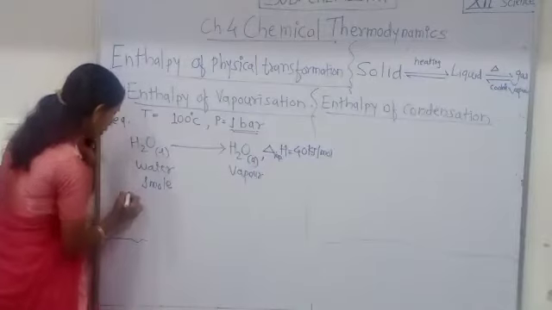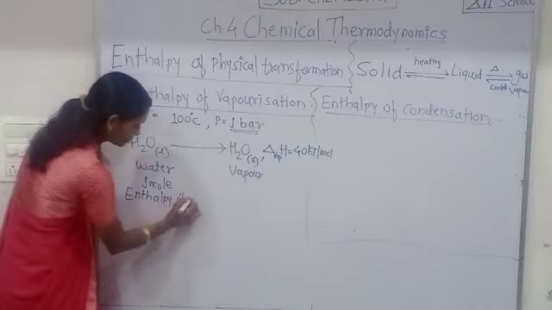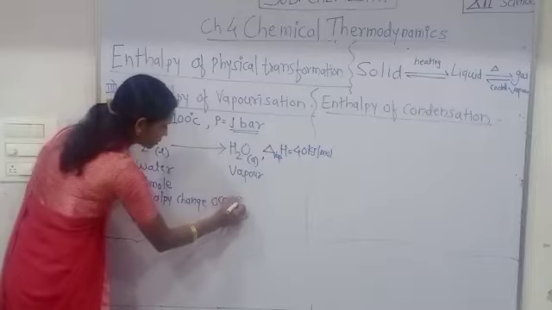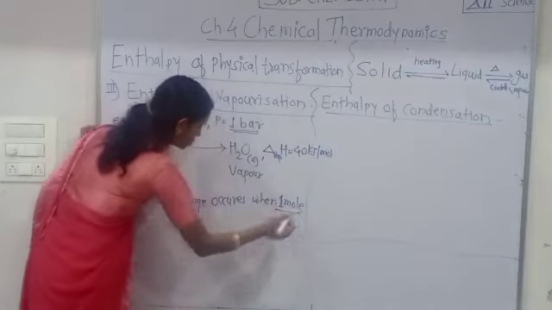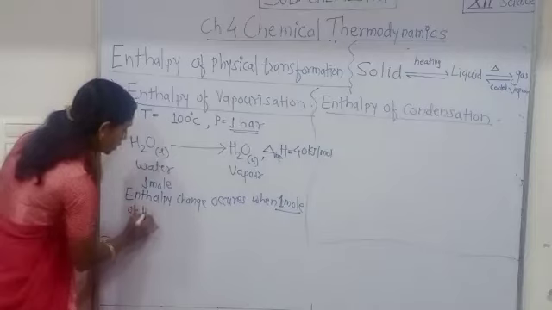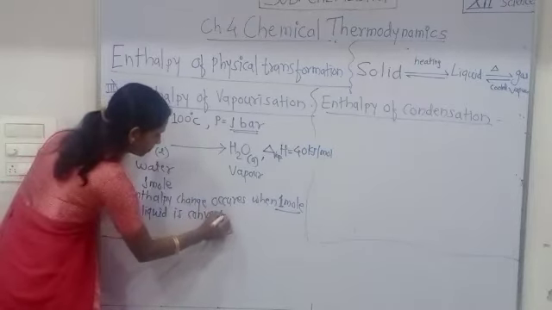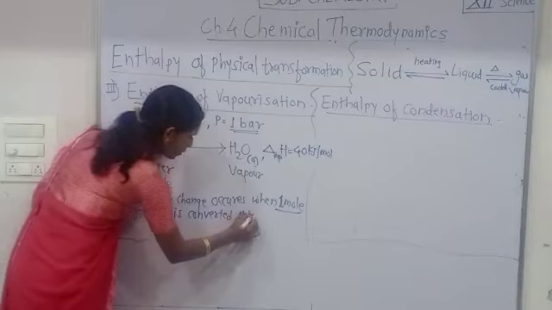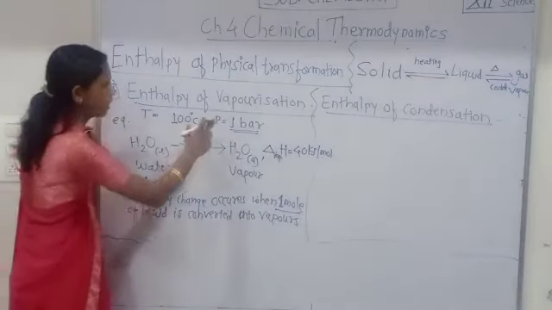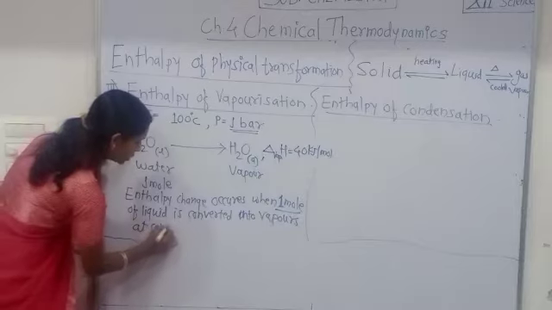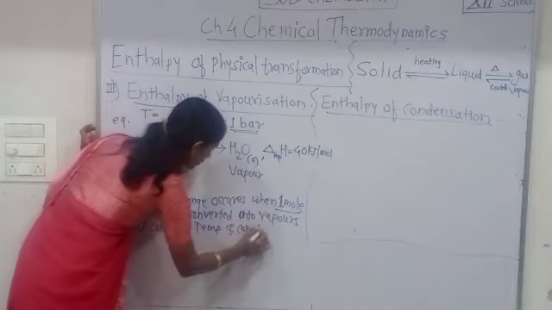Then we can write the definition for the enthalpy of vaporization. It is the enthalpy change which occurs when 1 mole of liquid substance is converted into vapors without change in temperature and pressure, that means at constant temperature and constant pressure.